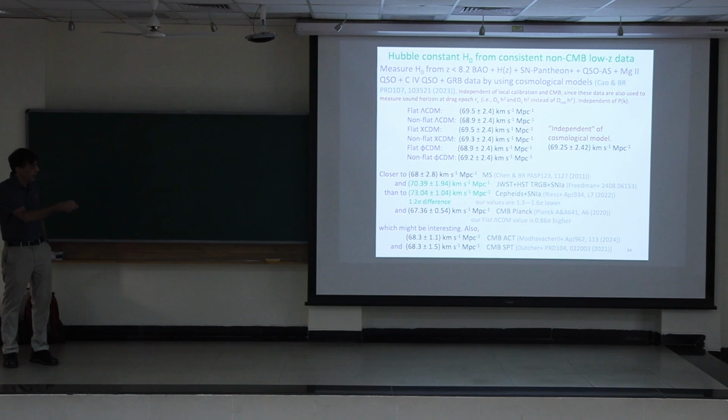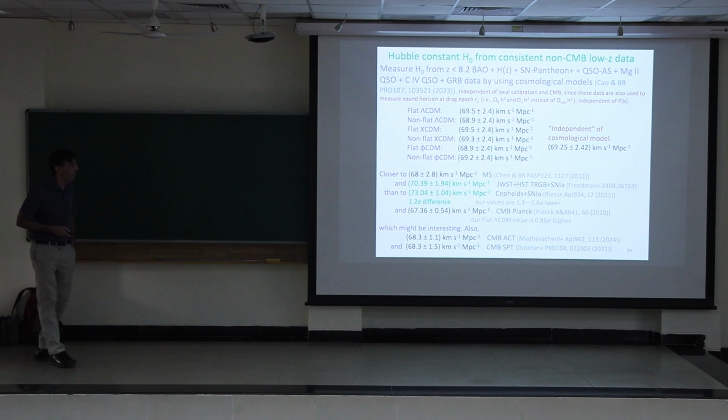But if you look at it in all 6 of these models, they're all consistent with 69.25, and there's a systematic error of plus or minus 0.3, because it goes from 69.5 to 68.9. That's the range, so it's 0.6, and you can call that twice the systematic error.